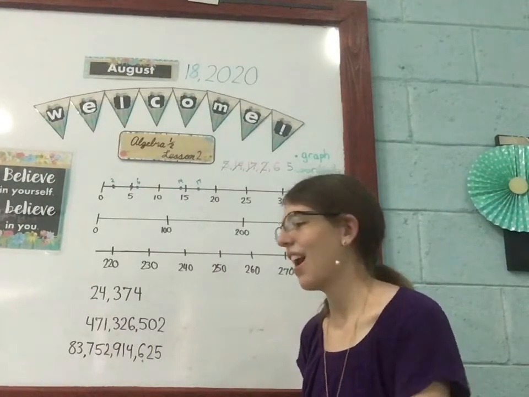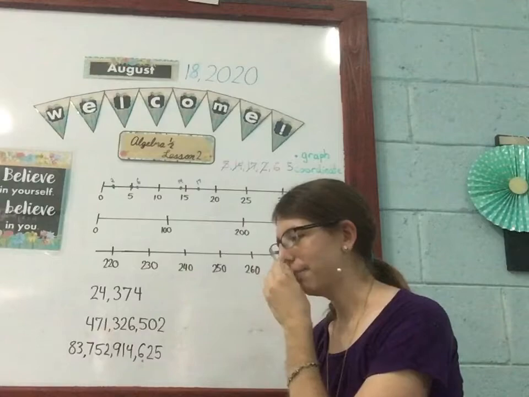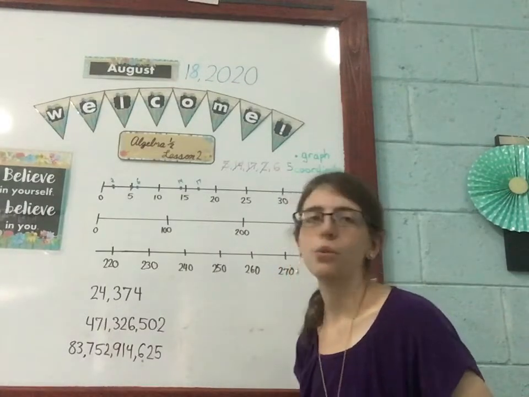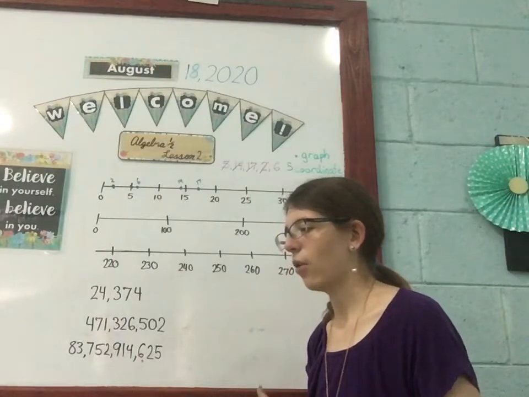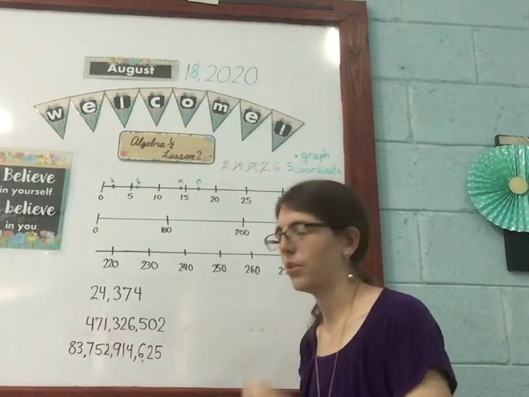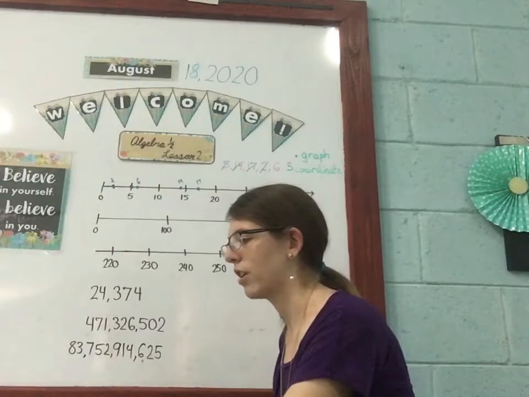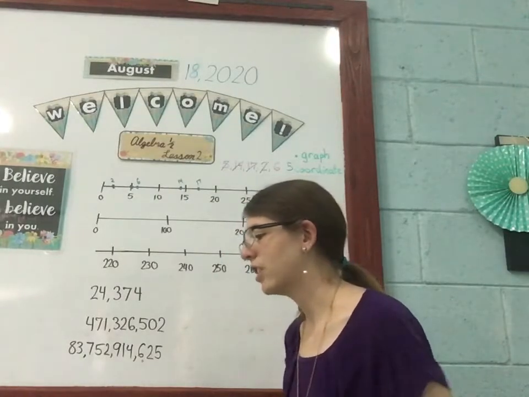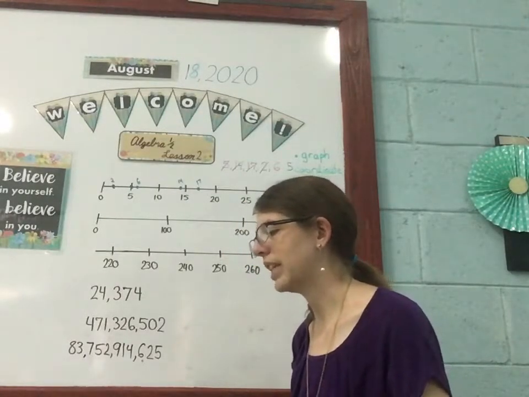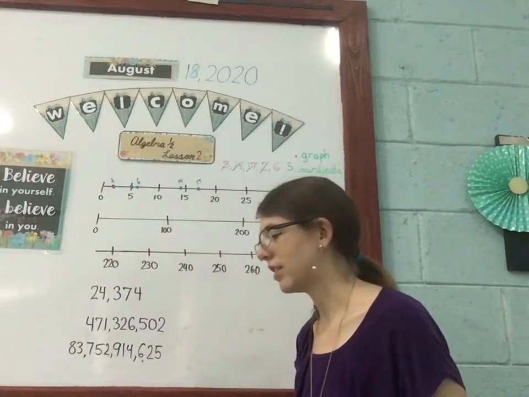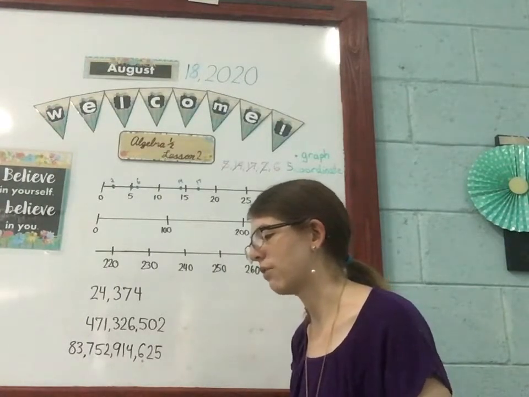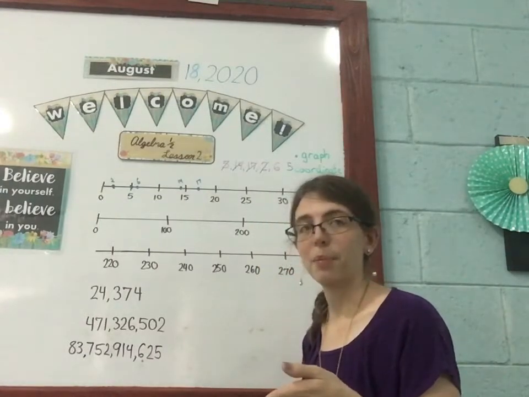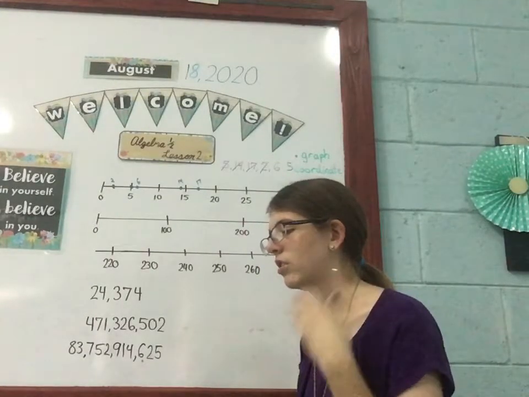Okay? All right, now with a number line, it's easy to arrange things in order from least to greatest. Now look at your book at example 2.2. This is not something I put on the board, but I just want to draw your attention to it. It says arrange the following numbers in order from least to greatest: 465, 654, 456, 564. The smallest number is the number with the smallest first digit.